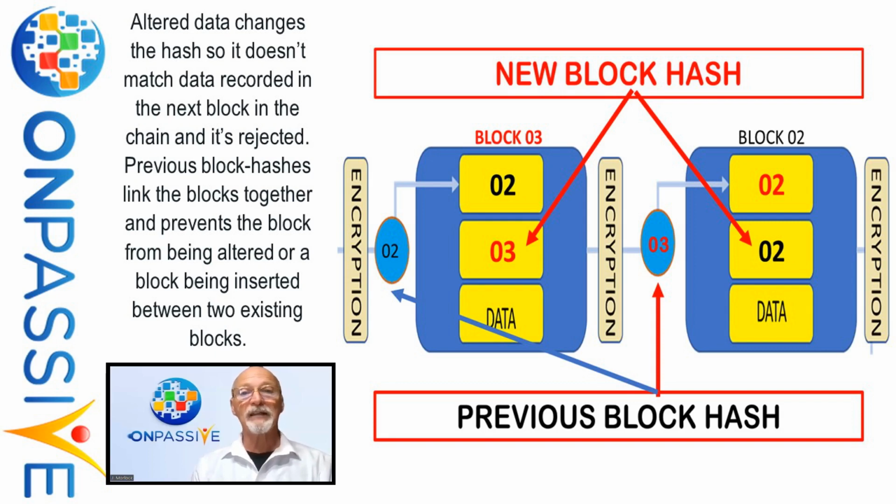Now, once a block is added, it becomes nearly impossible to alter, which ensures the integrity of the information. Every participant in the network has a copy of the entire blockchain, which is continuously updated and verified through the consensus mechanisms.